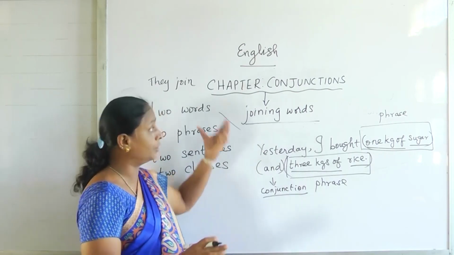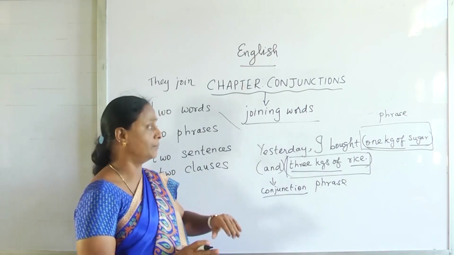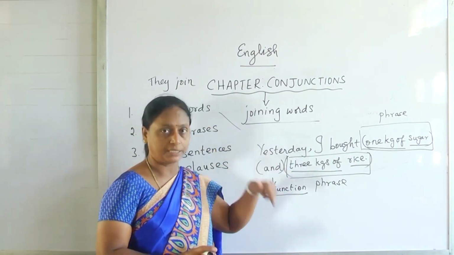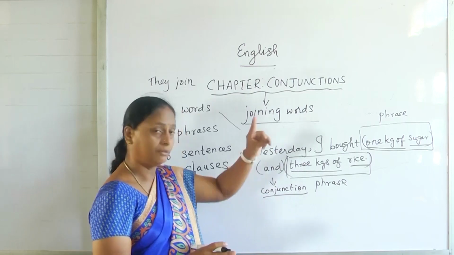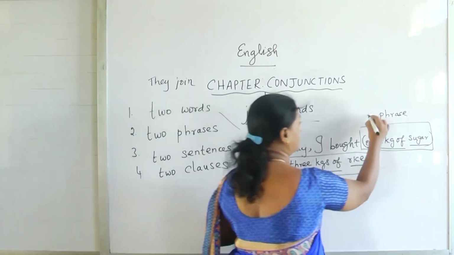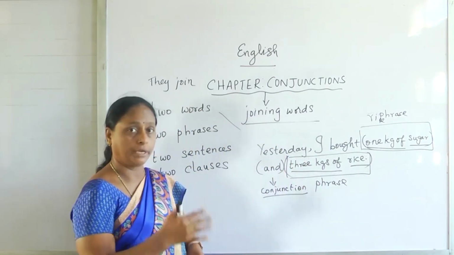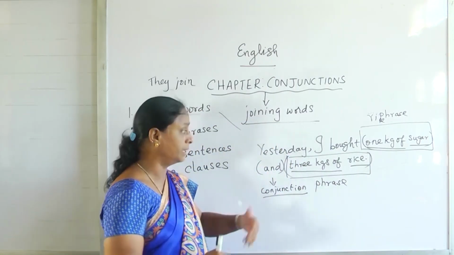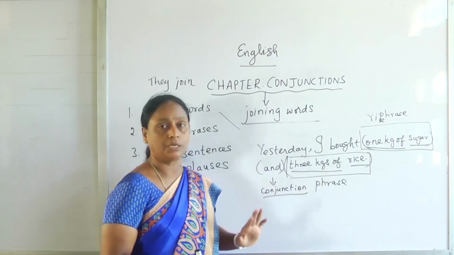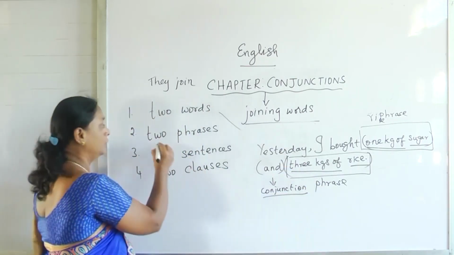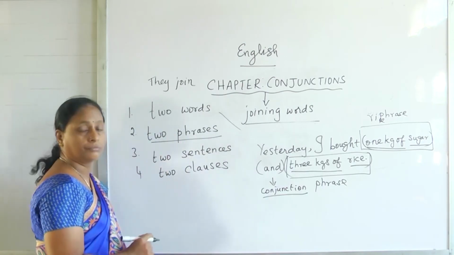We have a lot of conjunctions. I am just mentioning the difference between 2 words and 2 phrases. If you say, I bought rice, I bought sugar, "and" joins the 2 words only. But when I mention 2 or 3 words, it becomes a phrase. So now I have joined the 2 phrases.